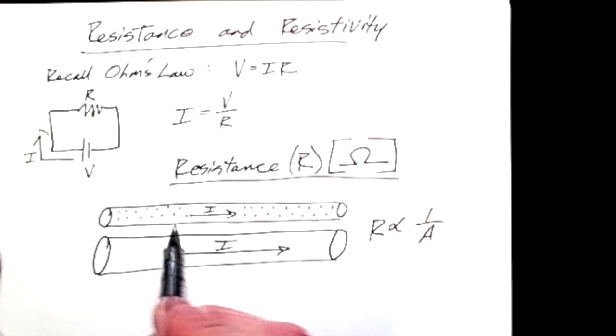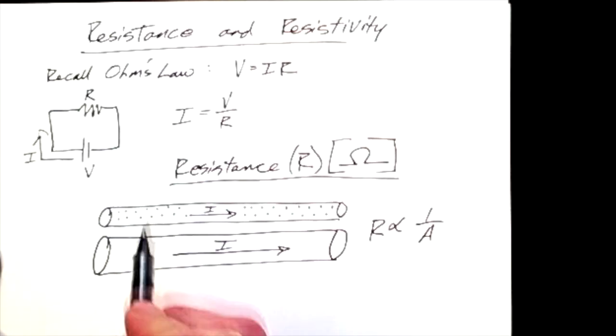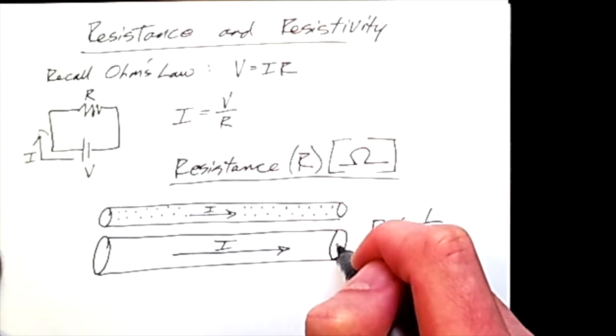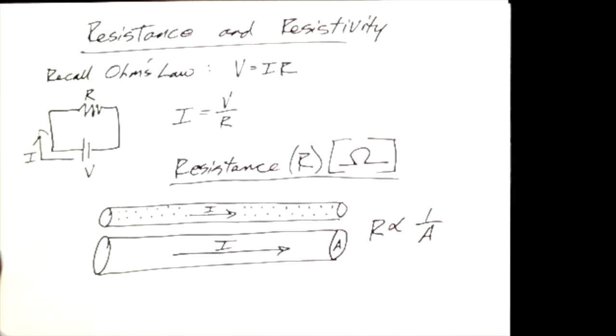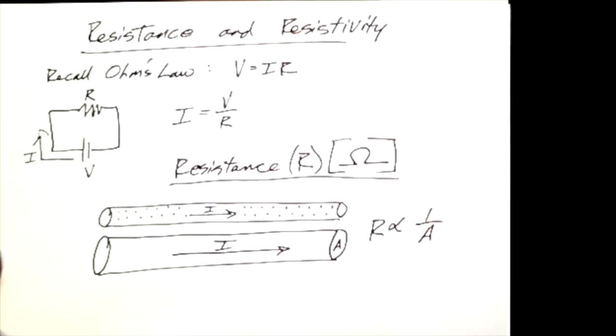However, it stands to reason that no matter what the physical diameter or the cross-sectional area of the opening through which the electrons will flow, the electrons are inevitably going to collide and interact with atoms and nuclei as they flow from one side to the other.